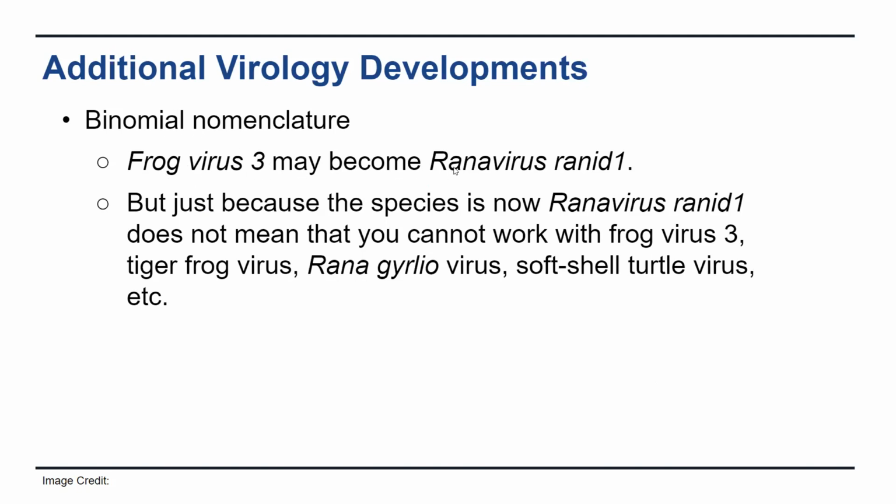It's now part of a species called Ranavirus Ronid1, where the first word is derived from the genus and the epithet is derived from probably the principal or the first host in which the virus was isolated. I simply want to point out that if the name Ranavirus Ronid1 sticks, it doesn't mean that you still can't refer to frog virus 3 or tiger frog virus or soft-shell turtle virus, because these are all strains or isolates of this virus species.